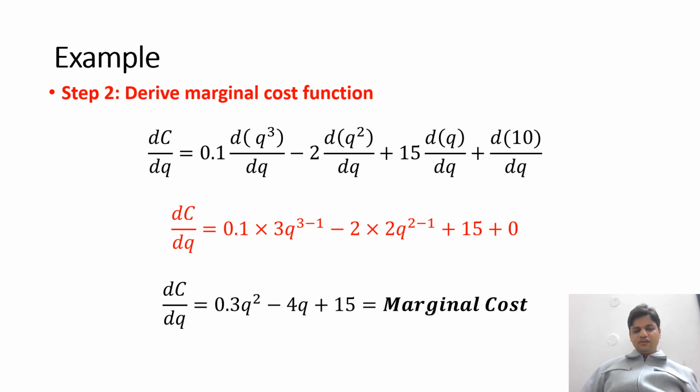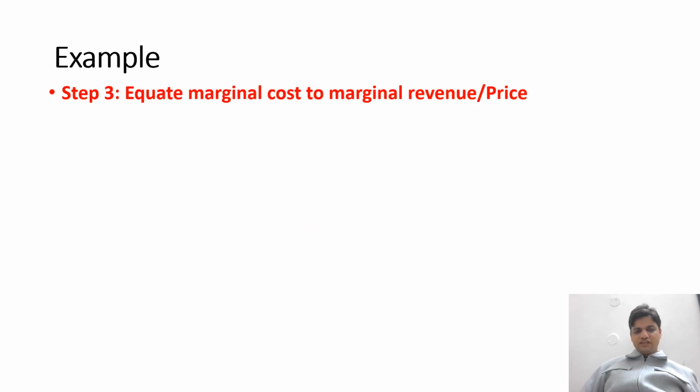Once you solve further, whatever dC by dq expression you get is the expression for marginal cost.